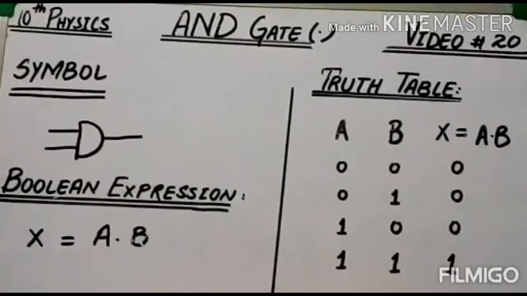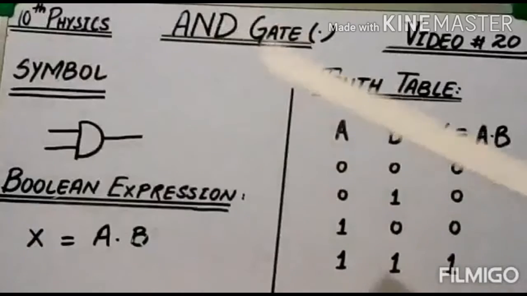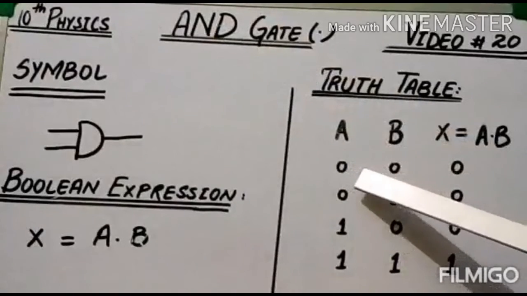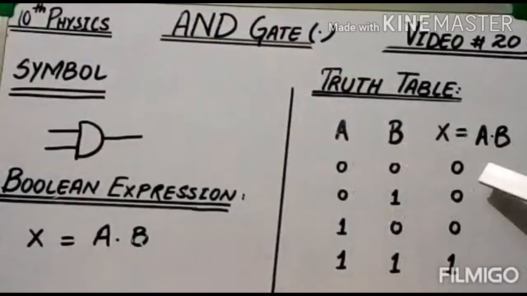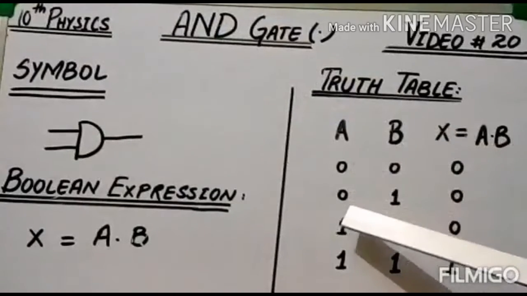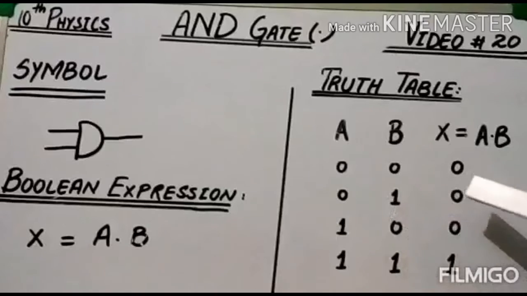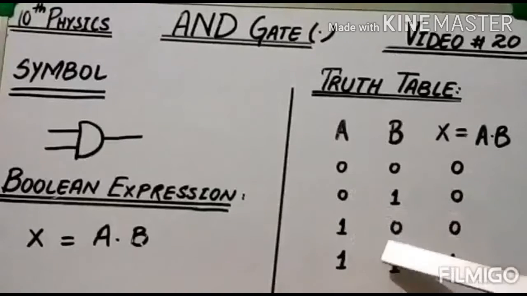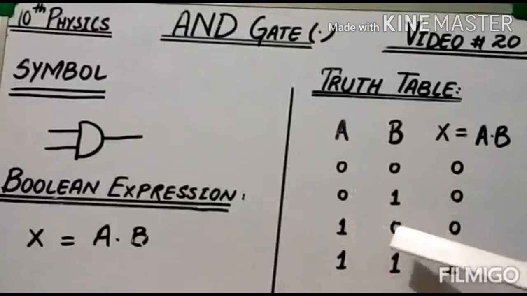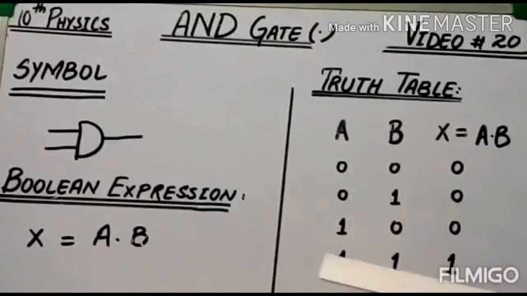What is the truth table? Truth table is here. When A is 0, B is 0, multiply them, what you get? 0 dot 0, 0. 0 and 1 gives you an output of 0 again, because 1 dot 0 is 0. 1 and 0 again, multiplication 1 0 0. 1 dot 1 will give you a 1.